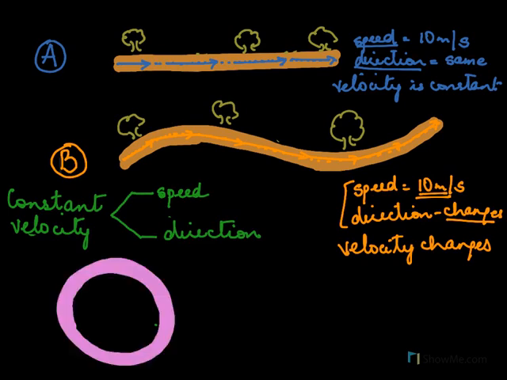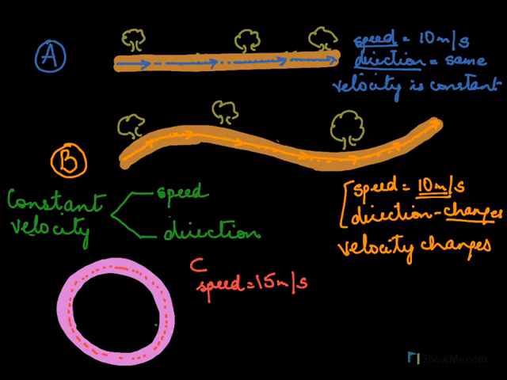Now here I have a body C, and this body is moving along this circular path with a constant speed. Say it moves with a constant speed of 15 meters per second. Can we say the velocity is constant? To see if the velocity is constant, we've got to check on the direction.